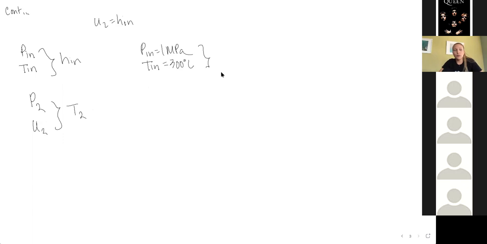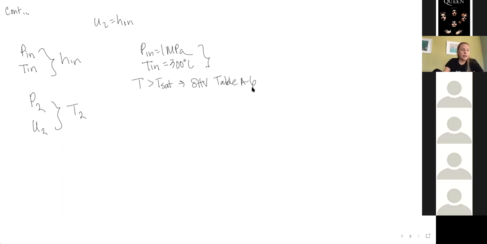So when we go to the tables in the back of the book, we start at table A5, and we look at our pressure of 1 megapascal, which is 1,000 kilopascal. Our saturation temperature is 179 degrees Celsius. So our temperature is greater than our Tsat, which means that we are a superheated vapor, and we need to use table A6.